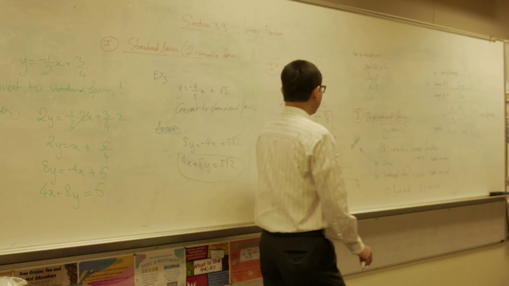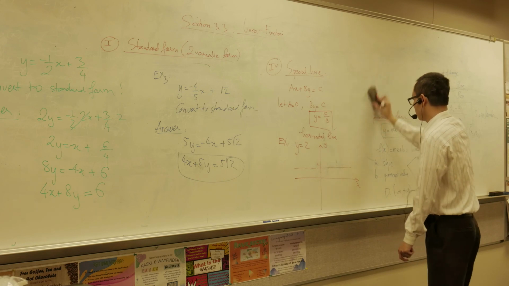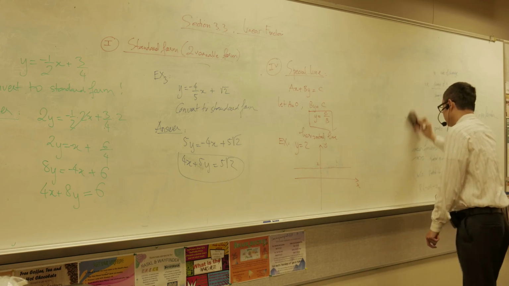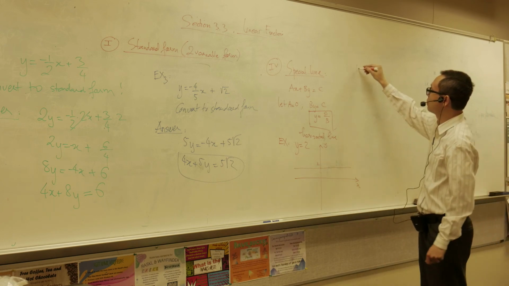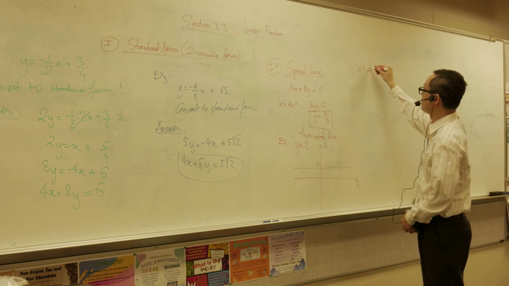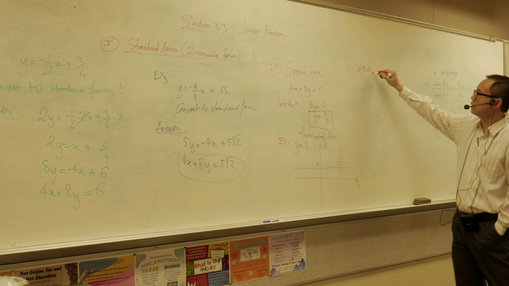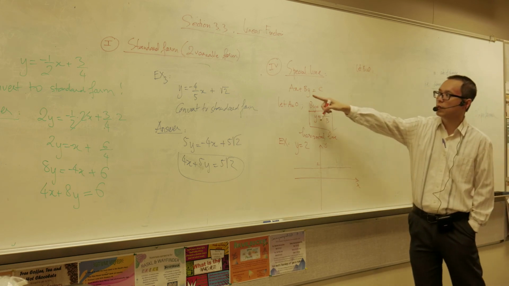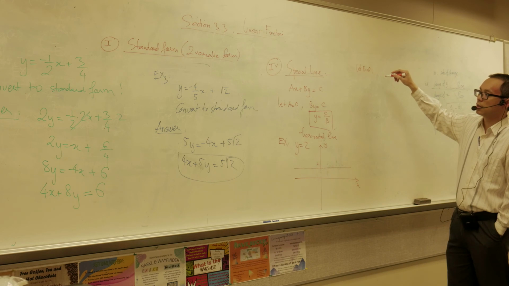Now, what happens if I let B equal 0? Then what do you have? Wouldn't the line go straight down?